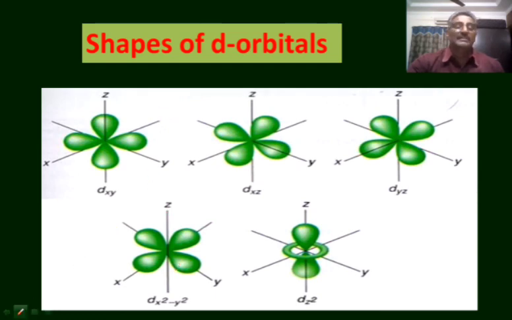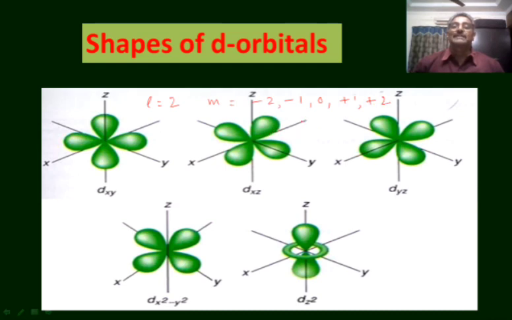For d orbitals, L is equal to 2. For s orbital, L is equal to 0. For p orbital, L is equal to 1. And for d orbital, L is equal to 2. If L is equal to 2, m can take the values from -2 to +2, that is -2, -1, 0, +1 and +2.